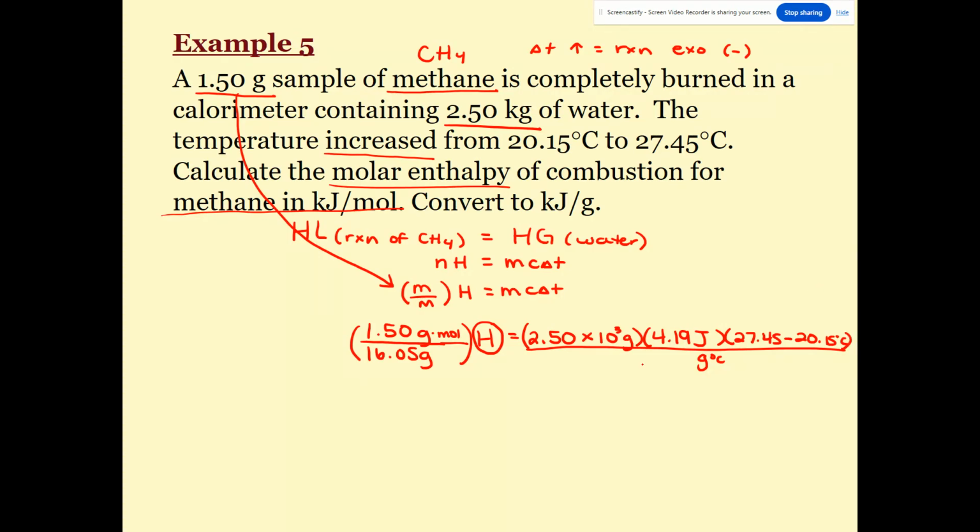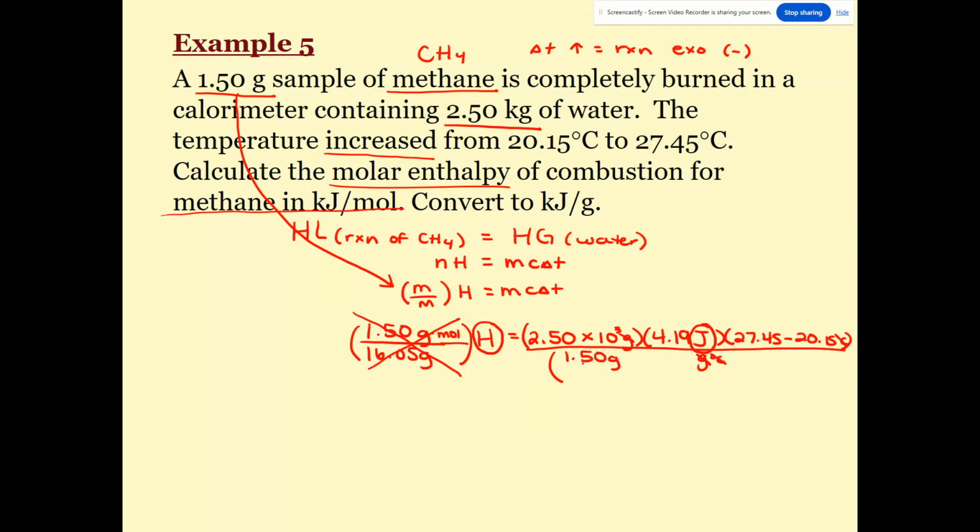Okay, remember there's no numbers on the bottom of the division right now. I'm just doing that to show unit analysis and how grams and degrees Celsius cancel, so we're left with joules on the top. Now I am going to need to divide both sides by my mass over molar mass, so that moves it down here, 1.50 grams.